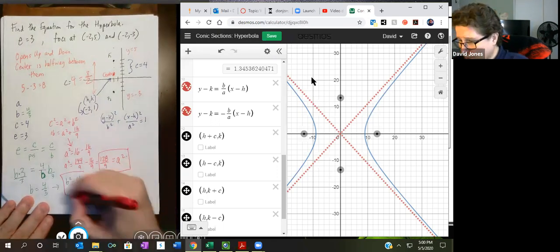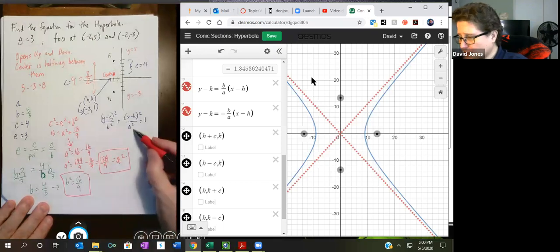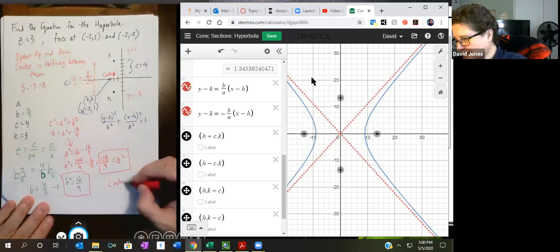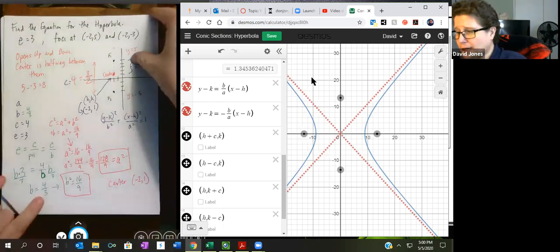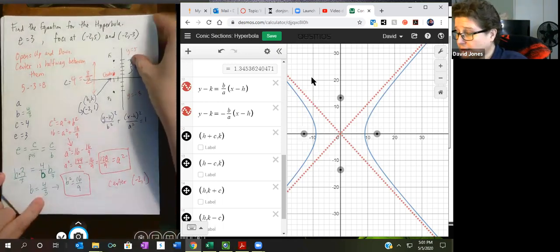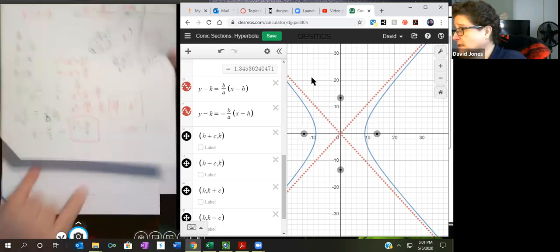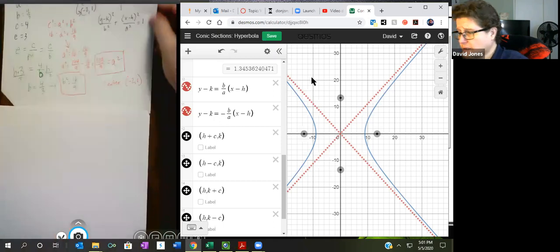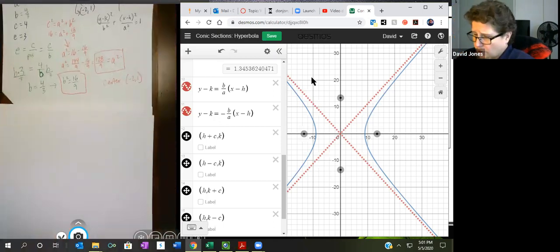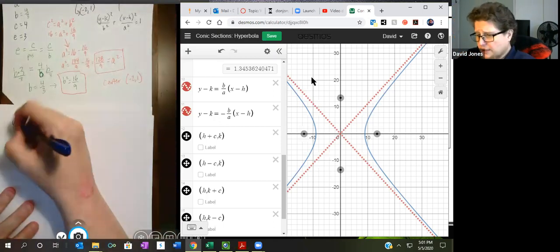I've got B squared. I've got the equation. I've got the center is negative 2, 1. So let's just write it out on another page where we got a little bit more room. So let's rewrite our basic equation.